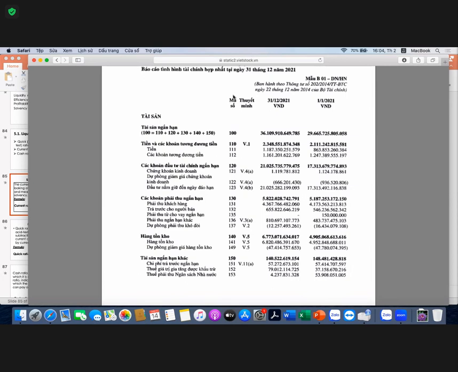You look at the accounting code. Current assets have the code 100 here. It means in 2021, Vinamilk had total current assets of nearly 36,110 billion.